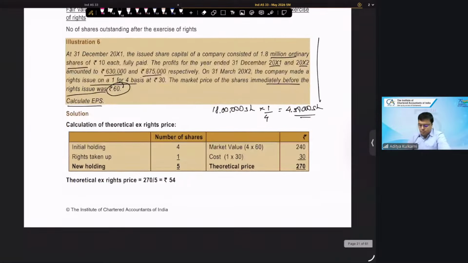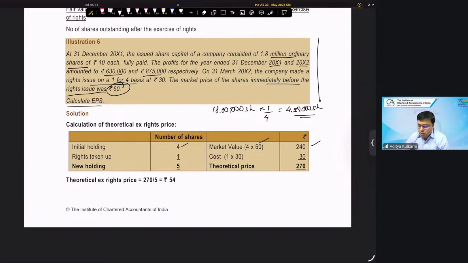Now, let us suppose you go through the rights. Initially, I am having 4 shares, right? These 4 shares have a market value of 60.